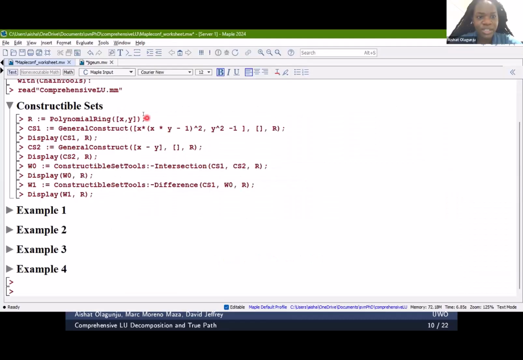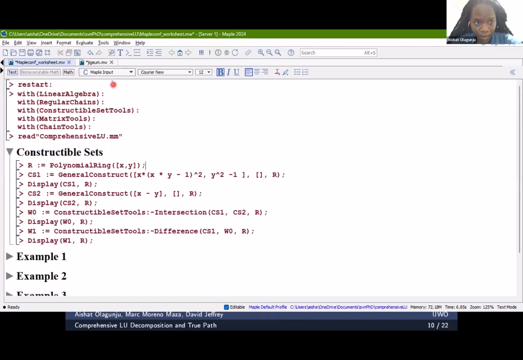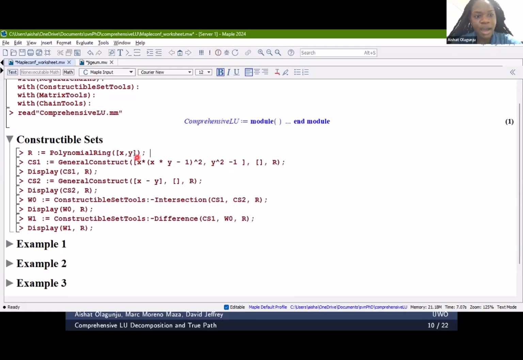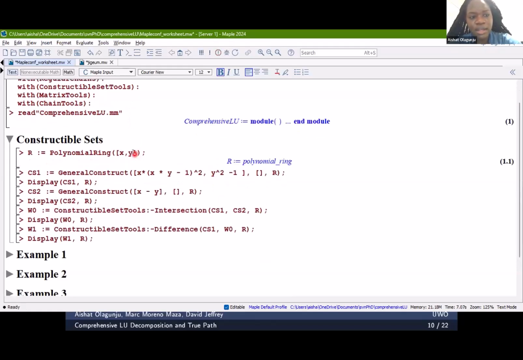So to show an example in the worksheet of how you construct a constructible set, you declare a polynomial ring R, and you construct a constructible set with the command GeneralConstruct. Notice that our W has been slightly modified from the one in the slide, just to show points on which P vanishes and P doesn't vanish.